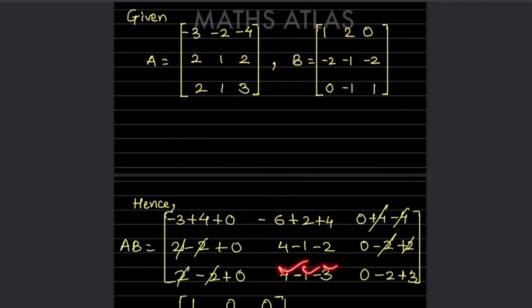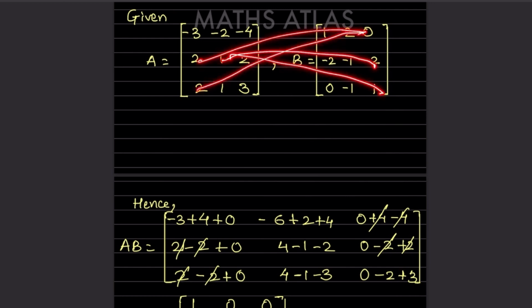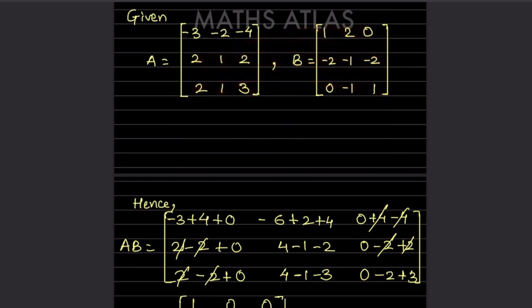So this is done now for here. 0, 4, minus 4. Then 0, minus 2, 3. Sorry, yeah, this is correct.